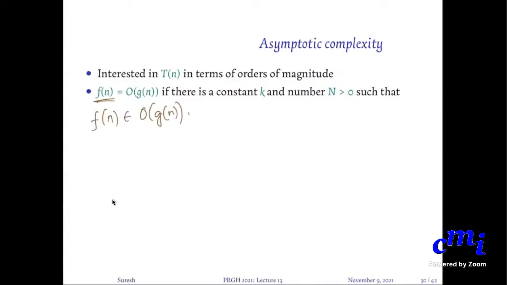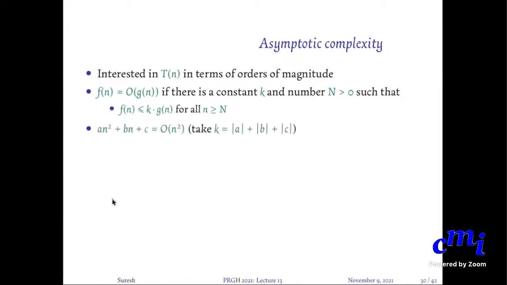You want to say that f(n) belongs to order of g(n) if there is some constant k and a number N, where N is talking about the input size, such that for any input size small n greater than or equal to capital N, you will see that f(n) is less than or equal to k times g(n), some constant times g(n). In which case you will say that f(n) is order of g(n). Okay, here is an example.